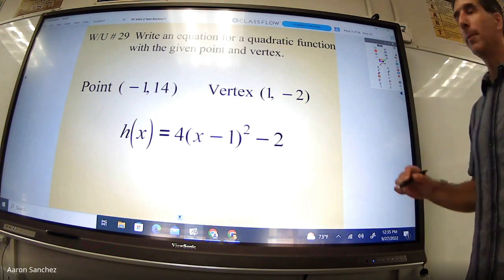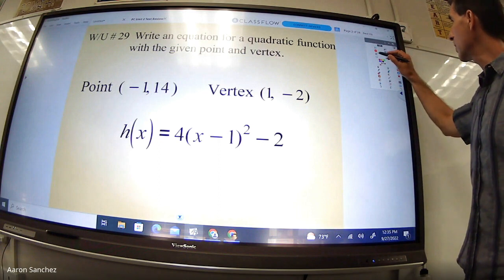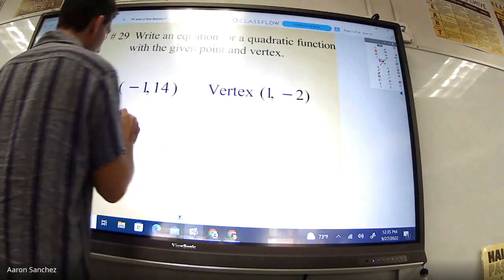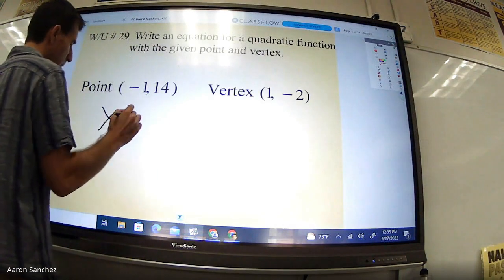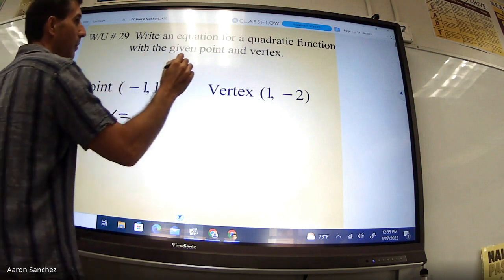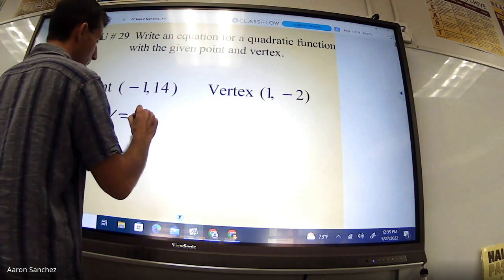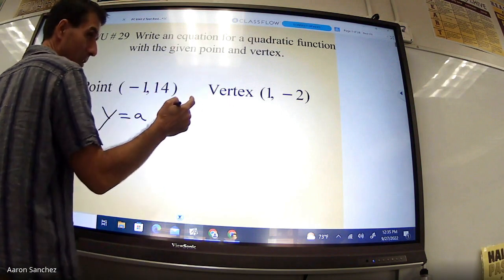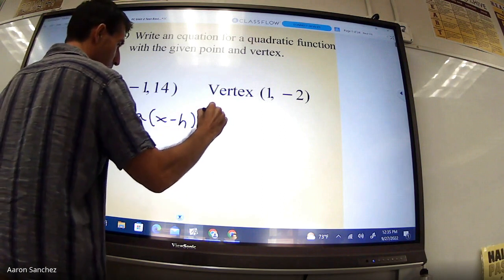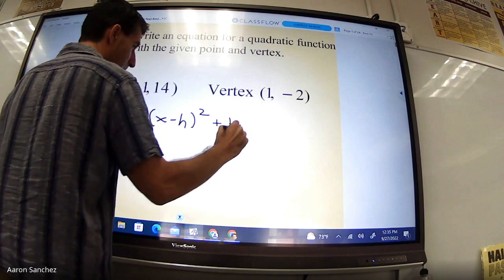Cool. I'm going to do it real quick just for the video since you already know how to do it. When we write the equation, we write it in vertex form, because it's given the vertex. So a times x minus h squared plus k.